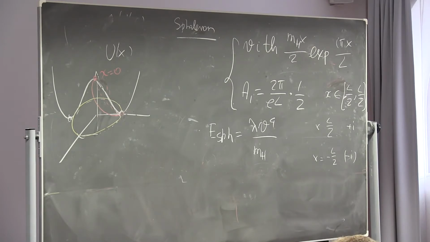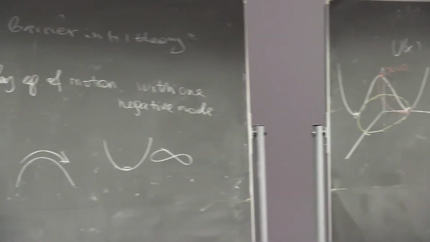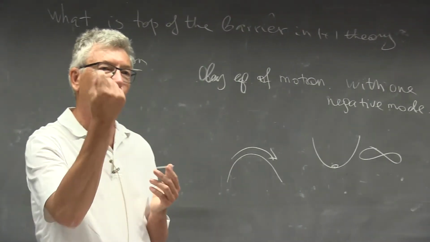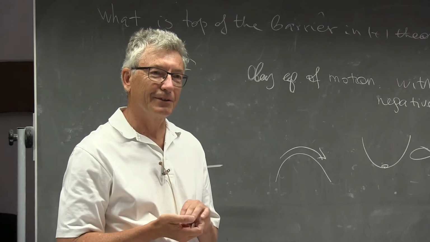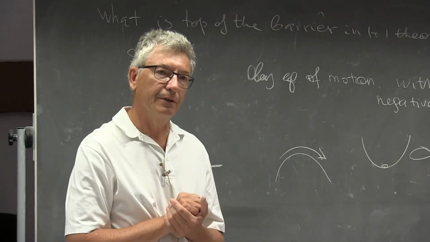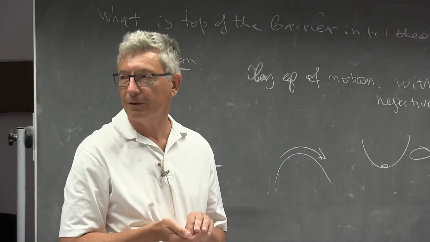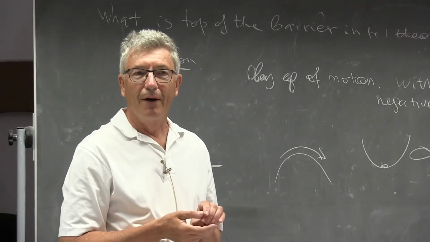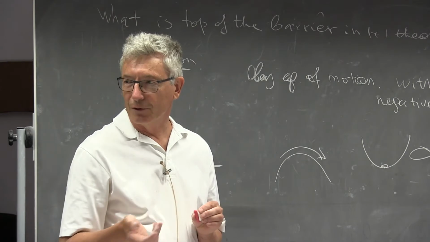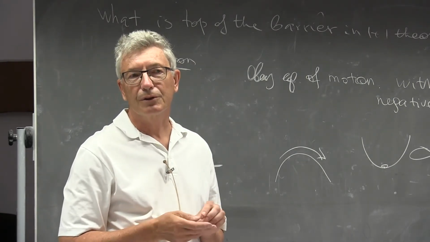Are there instanton solutions? Sorry? Are there instantons? Yes, there are instanton solutions in this theory, and the instanton solution in this theory is just the Nielsen-Olesen-Abrikosov string, and this is a completely different type of solution. So the question was, are there solitons here? The answer is yes. There are instantons, and this instanton corresponds to the following.